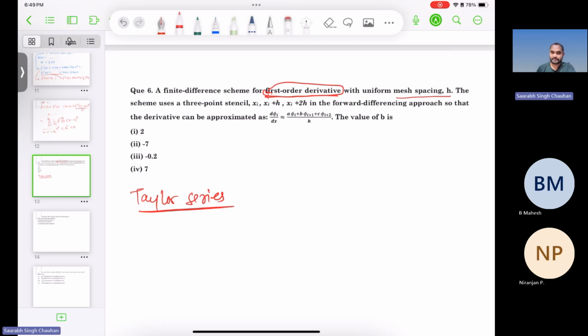And up to which point? Up to h square, because there are 3 points, right?